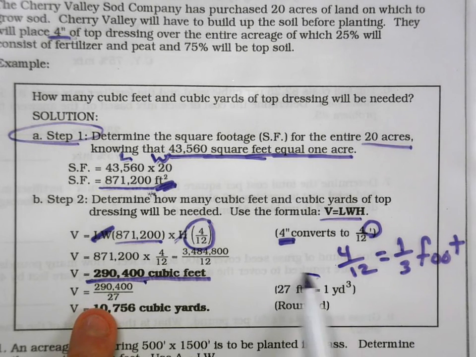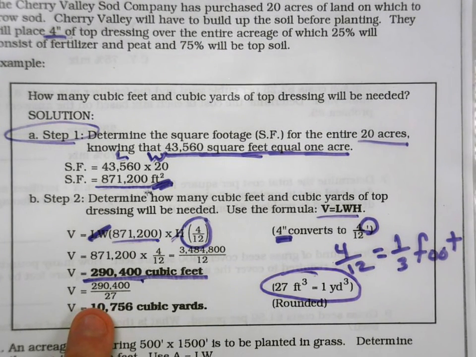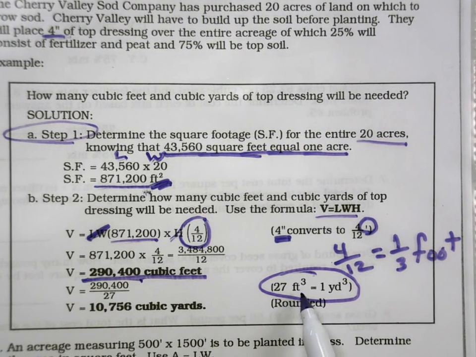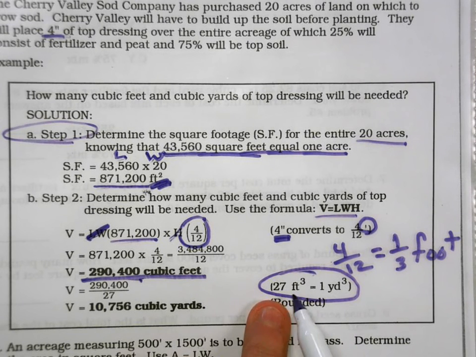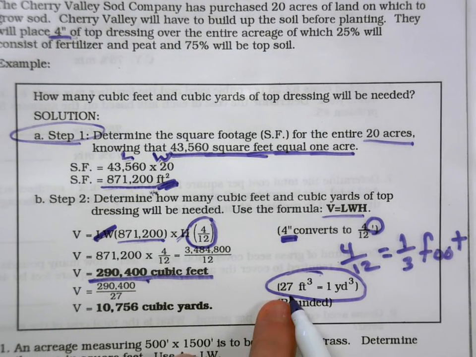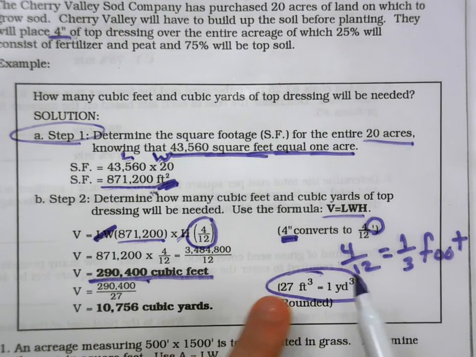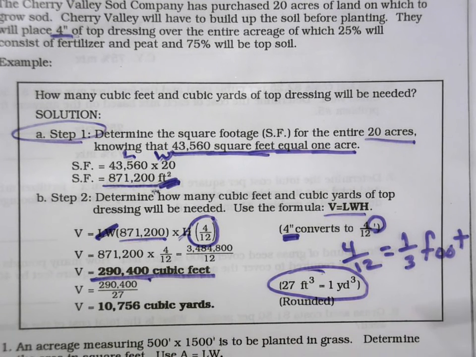And here they give it to us again: 27 cubic feet equals 1 cubic yard, which means that if we're going from feet to yards, we have to divide. Is 1 foot or 1 yard bigger? 1 yard is bigger.